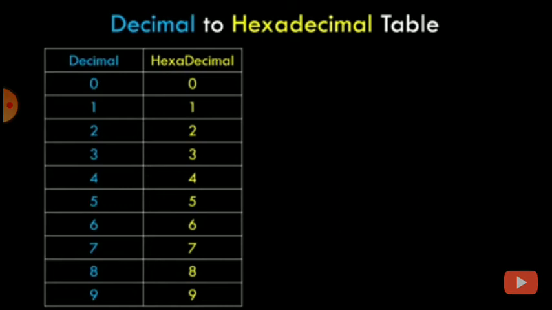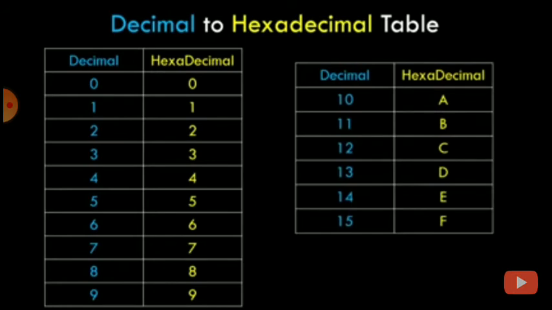But since the hexadecimal number system has a radix of 16, we still have 6 different symbols left which need to be represented in decimal as well. So here are the remaining 6 values. As you can see, the decimal number 10 is represented by A, 11 is represented by B, and so on. So you need to remember these values as we will be requiring them when we solve the numericals.